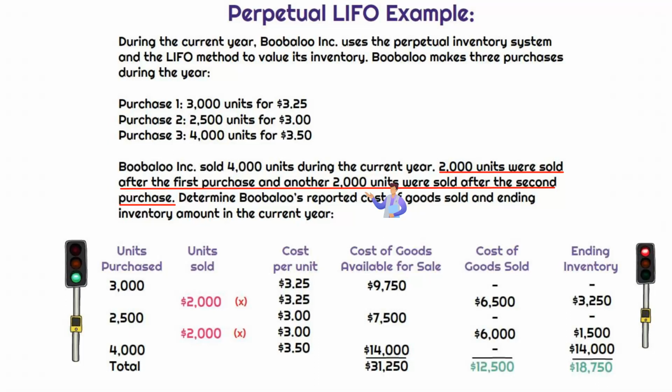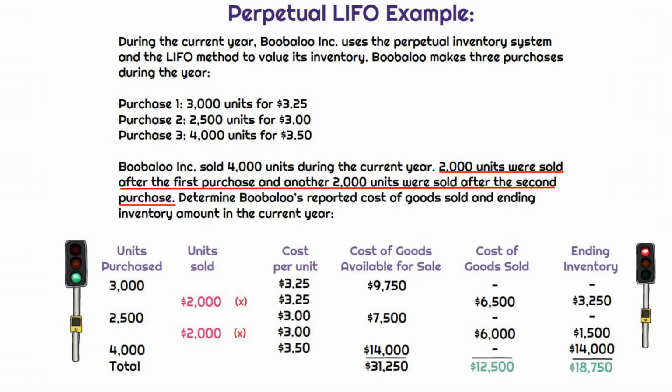We start from the most recent units that were purchased, so we're starting at 2,500. We're going to pull these 2,000 units that were sold from this 2,500 unit batch and account for them at this cost per unit. So 2,000 units are accounted for at $3 per unit. So cost of goods sold from the second 2,000 units sold will be $6,000.